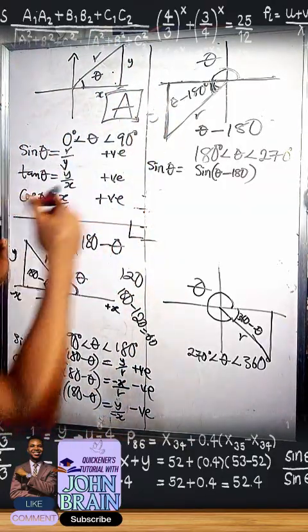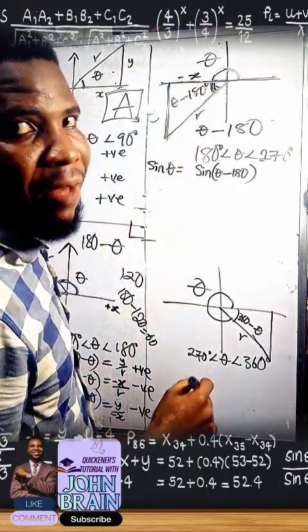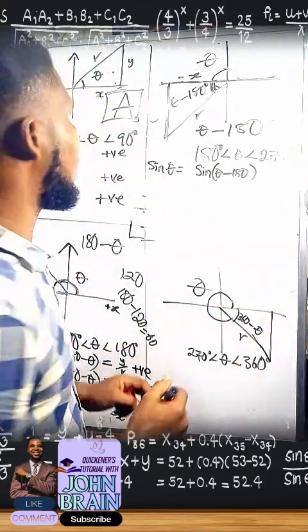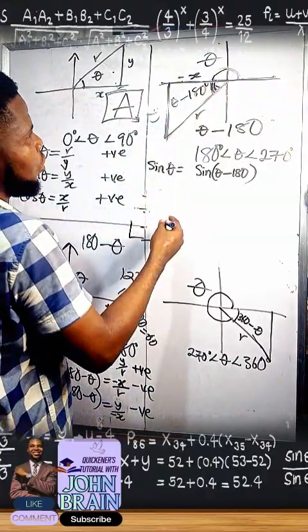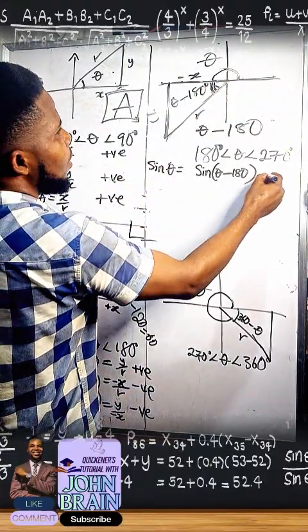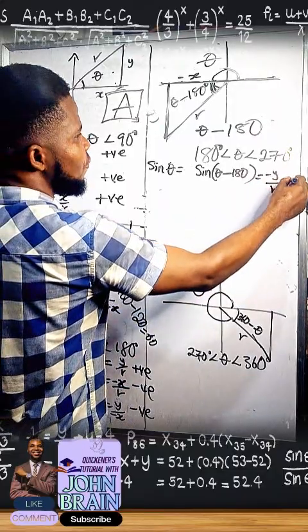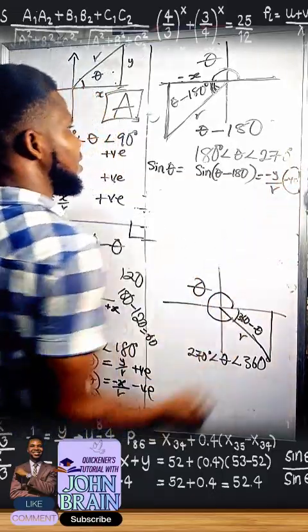Are you getting me now? So this is negative y and this is negative x. By the time it goes left, that is negative x. This is positive for x. Alright? So sin theta, which is opposite over hypotenuse, that will be minus y over r. Can you see that is negative, right?